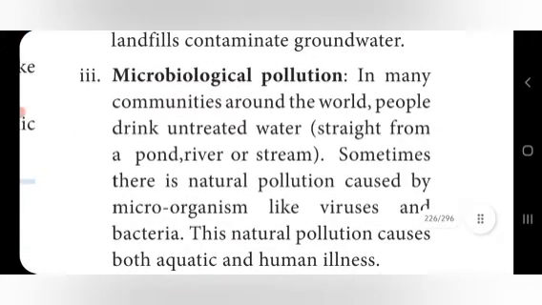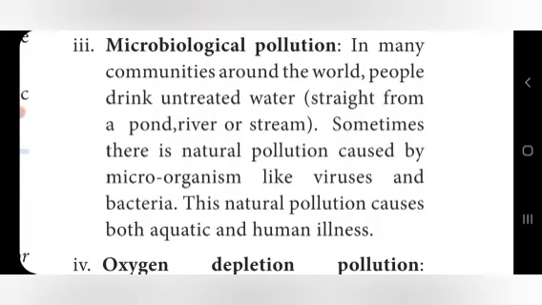Microbiological pollution. In many communities around the world, people drink untreated water. Many people till now are using untreated water, which may come straight from a pond, river or stream. Sometimes there is a natural pollution caused by microorganisms like viruses and bacteria. This natural pollution causes both aquatic and human illness.